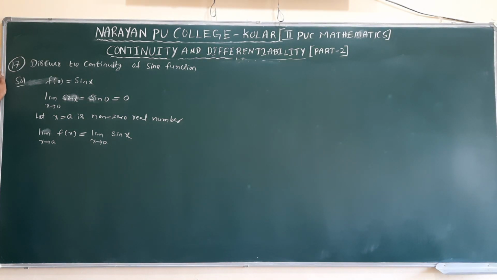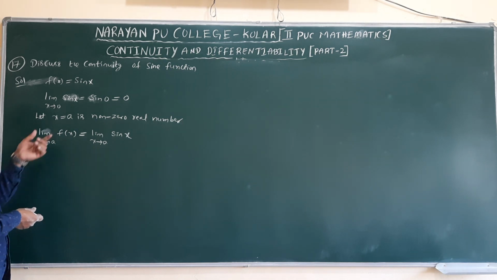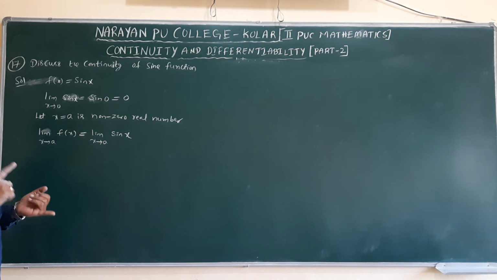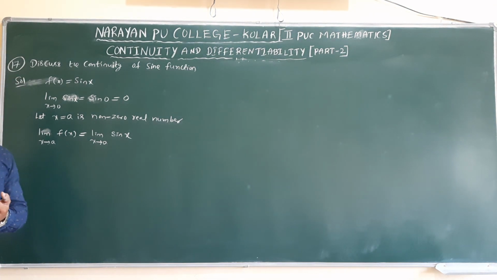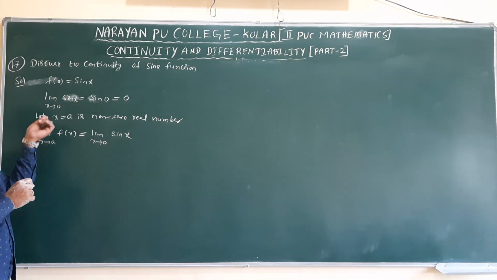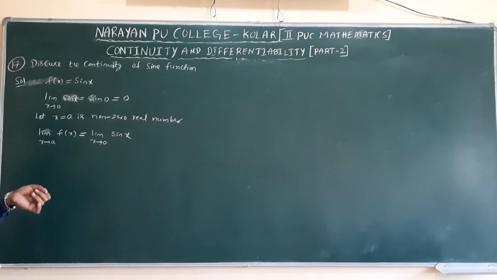We are not substituting the limit directly. Here I already told you that for trigonometric and step functions we need to use replacement. We are not taking LHL, RHL again. Here a is a non-zero real number, which means it can be a negative or positive real number. I am involving the symbol a plus h.